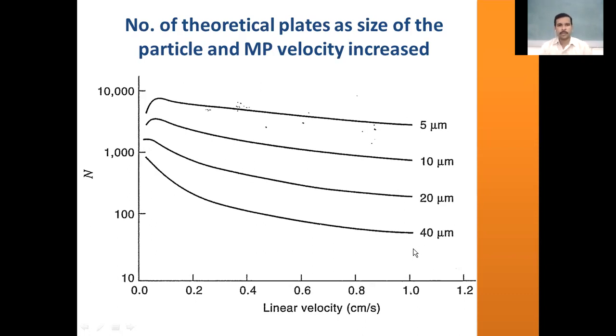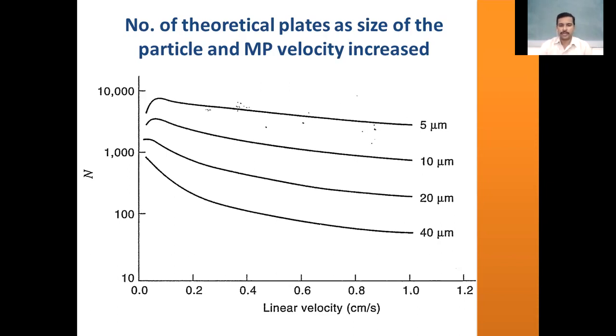So the column efficiency is dependent upon the mobile phase velocity and the stationary phase particle size. So we have to fix the chromatographic conditions in such a way that we always anticipate better column efficiency without more band spreading. Band spreading will definitely suppress the column efficiency, and thereby there will be impairment in the separation process.